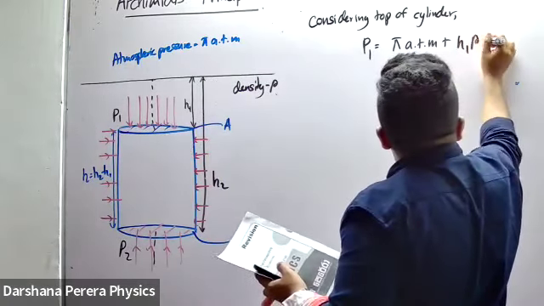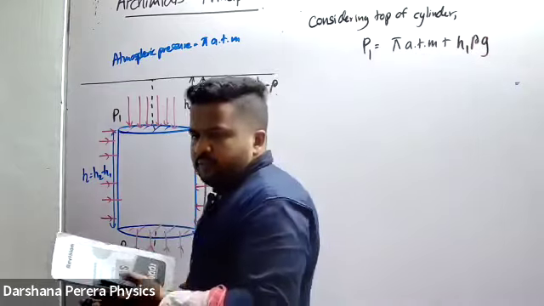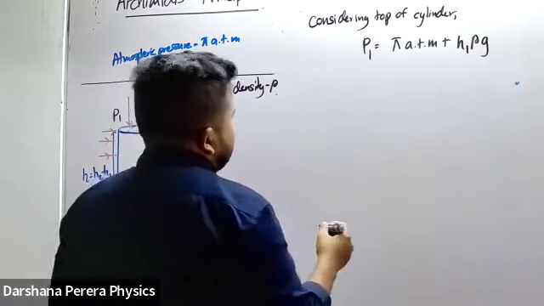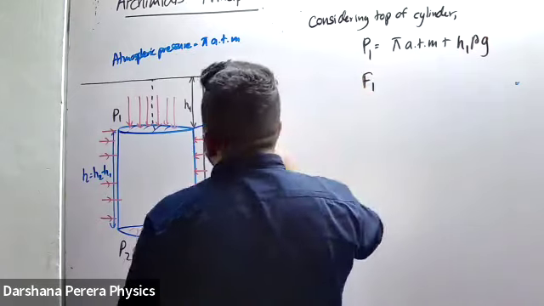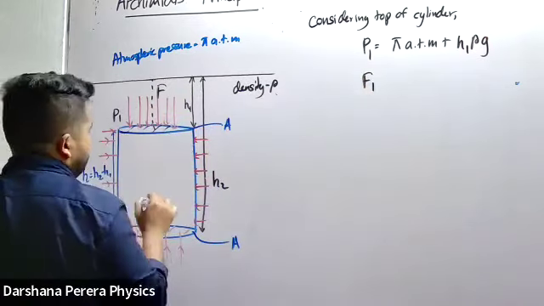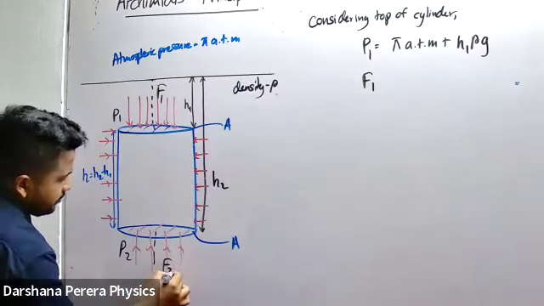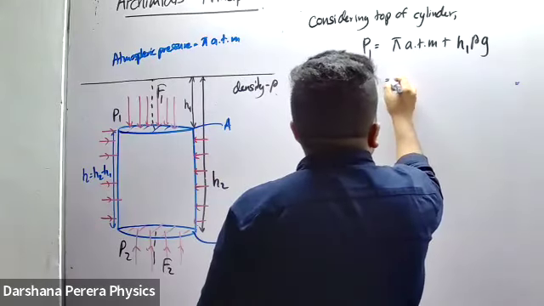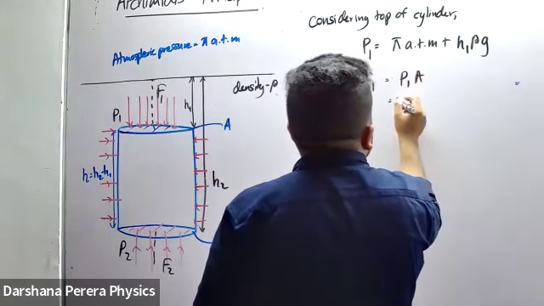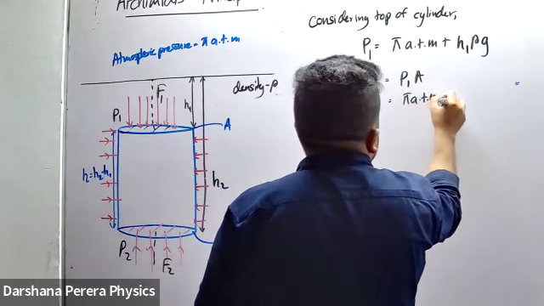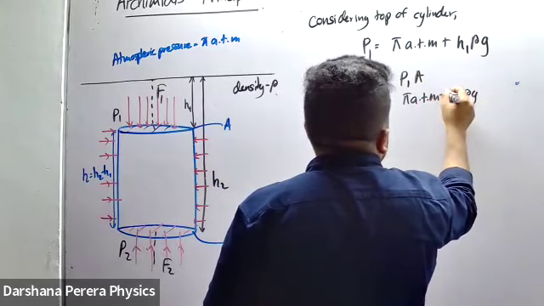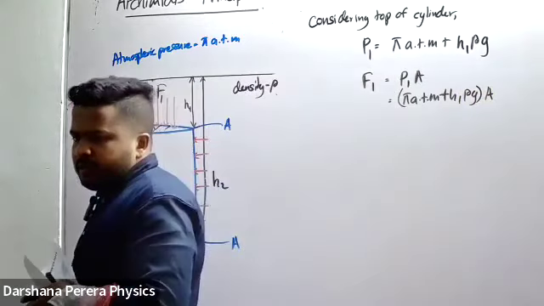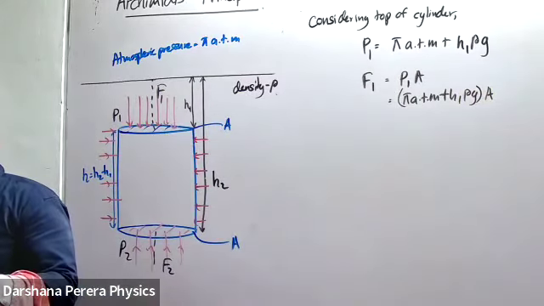Considering the top of the cylinder, the force acting on this one is F1, and this one is F2. The force acting on the cylinder equals P1 into A, that means (5 atm plus H1 rho g) into A. Okay, write down.